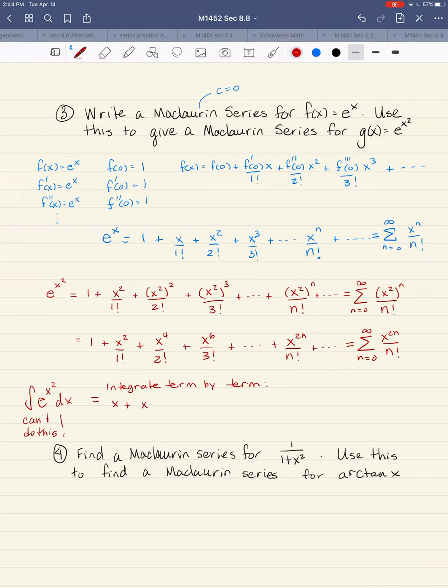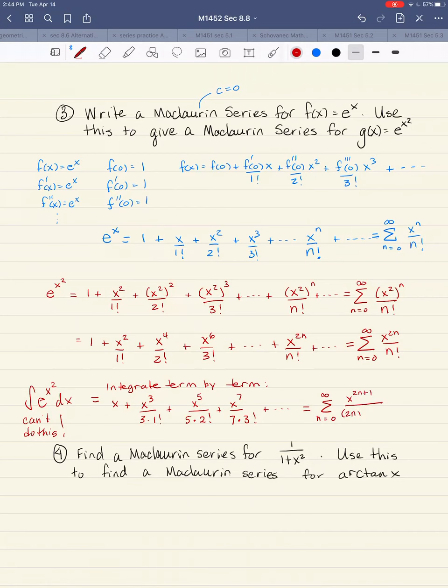Integrate this one and get an x. Integrate the x squared, and we're going to get x cubed over 3, and then we've got that 1 factorial. Integrate the x to the 4th, and we have x to the 5th over 5 times 2 factorial. Integrate x to the 6th, and we get x to the 7th over 7 times 3 factorial. And depending on what our needs are, we would just integrate term by term.